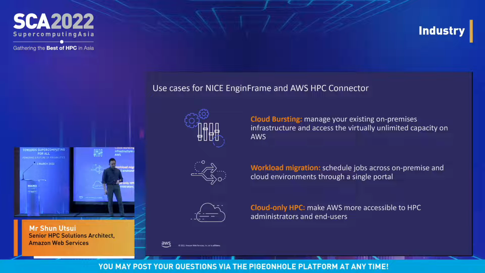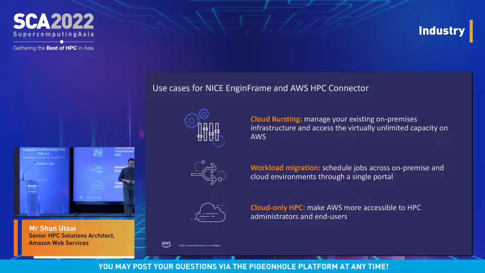The third use case is cloud-only HPC. And we understand that cloud is still new to a lot of HPC customers. But what NICE EnginFrame enables us to do is to make AWS more accessible to HPC administrators and end users who might not be familiar with how to set up an HPC system or an HPC cluster and run jobs on it in cloud.